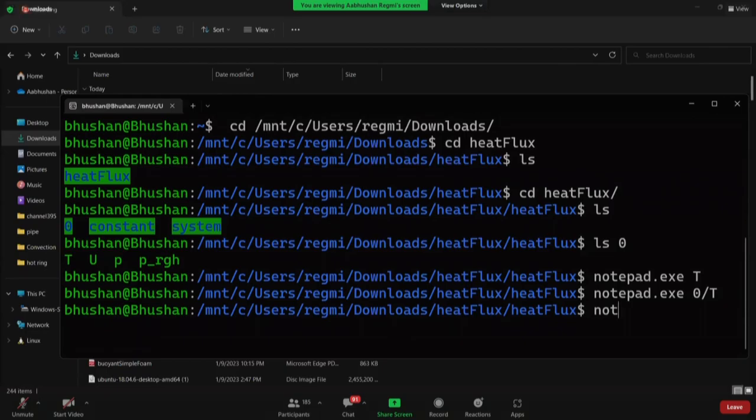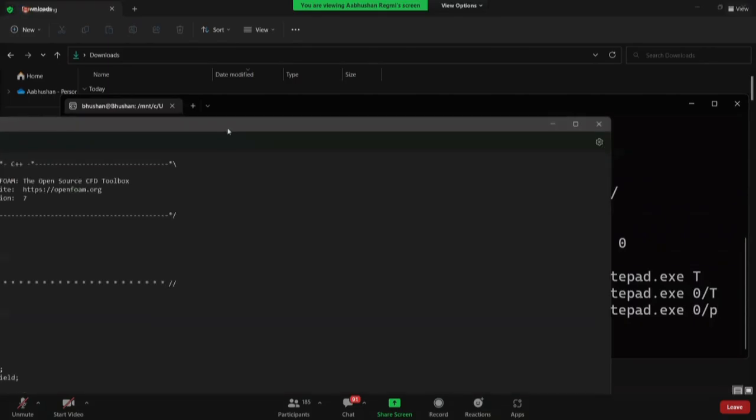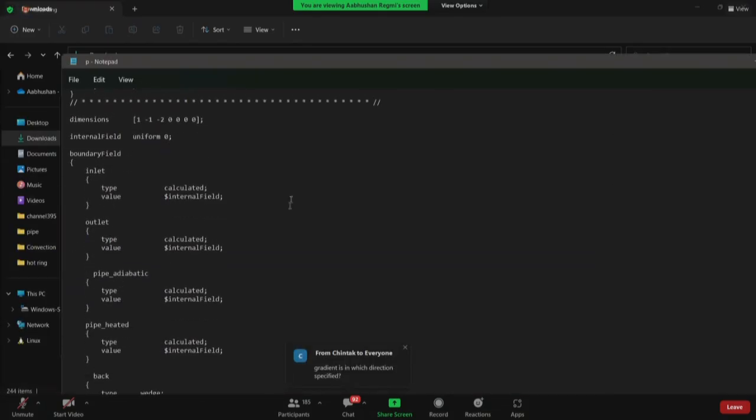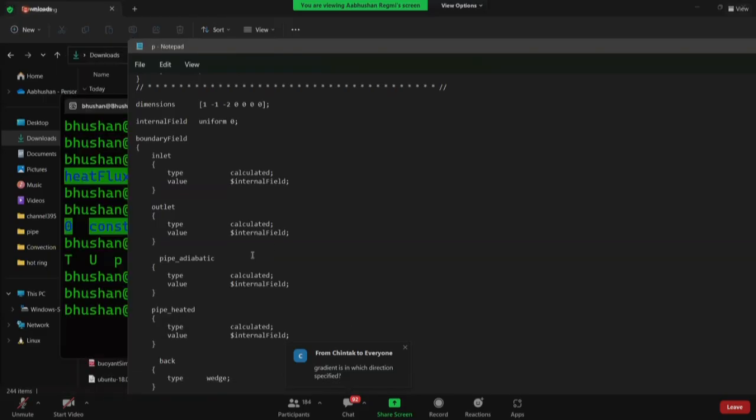Now let's see the p. Here we actually don't need to provide any boundary condition for p. This is not even necessary. Without the p file, our simulation will run, but we would like to see the actual pressure when we try to visualize our simulation.